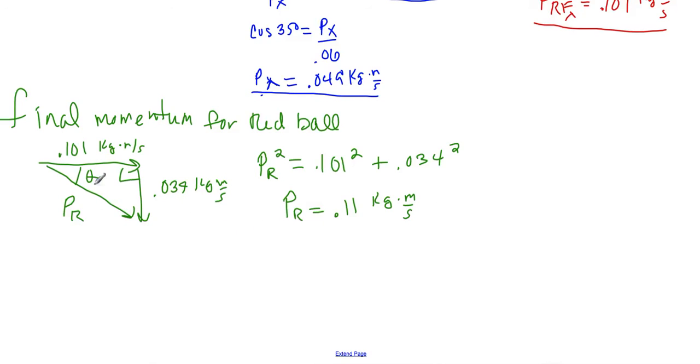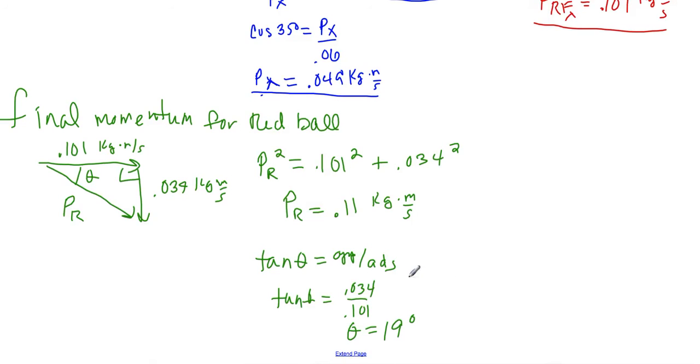Now we can find this angle using the tangent function, and that's opposite over adjacent. So the tangent of theta is equal to 0.034 divided by 0.101. Theta ends up equaling about 19 degrees, again using our two significant figures. Now you could use sine, cosine, it didn't really matter. I used tangent because I use these two original numbers. It's up to you what function you want to use for that.